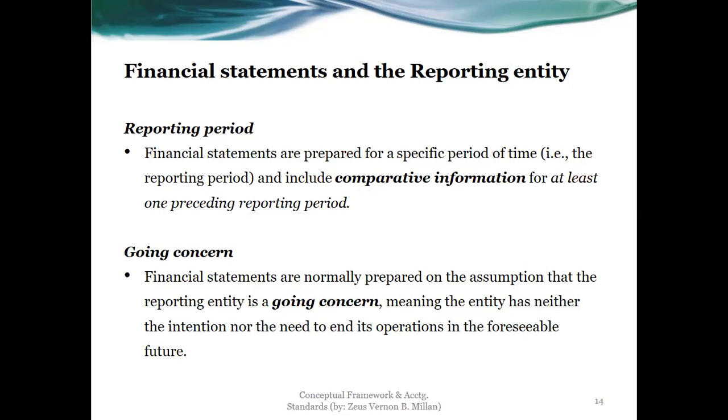And that's why the concern is called going concern, or it's also called continuity assumption. Some would say that going concern means the business will operate beyond the horizon, beyond what we can see, because it's going to be in a future time. We can think of it, but we don't know what can happen.